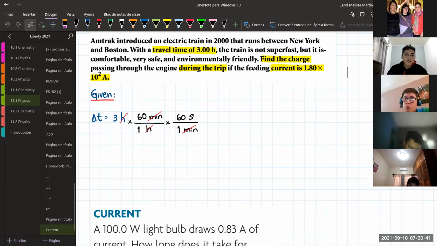Or you can use the direct conversion factor, that is that in 1 hour you have 3,600 seconds. Okay, that's the other conversion factor, but you can do it in 2 steps too. Both ways are going to give you good answers. How many seconds are this?